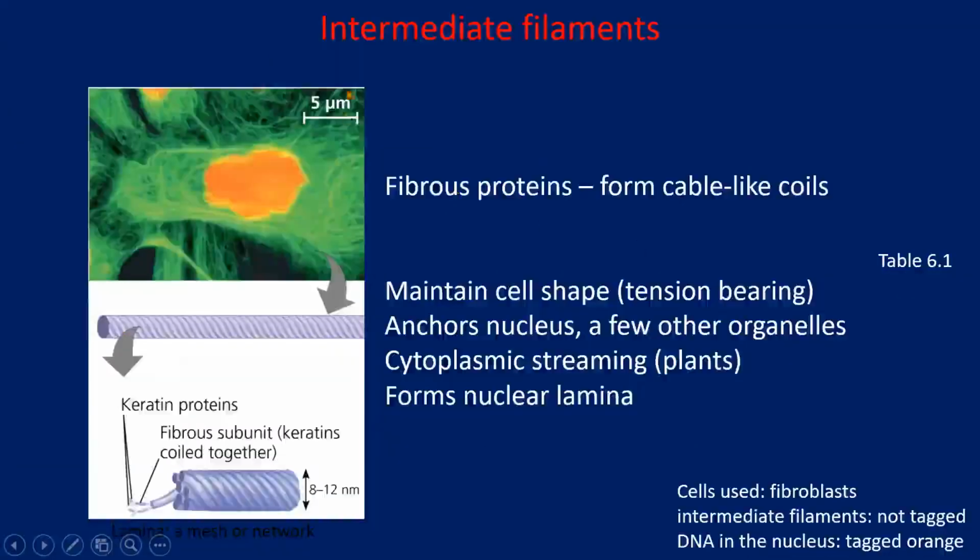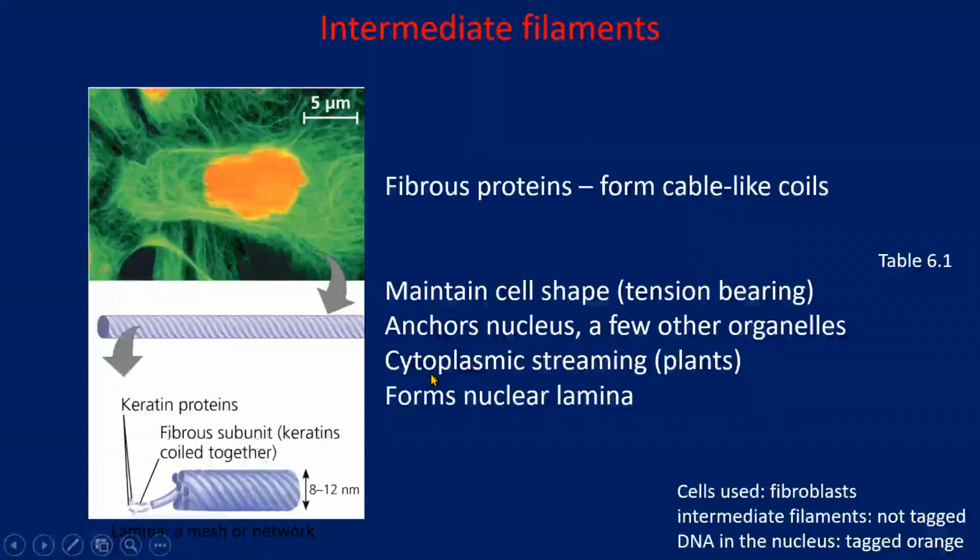So apart from that, one more type is intermediate filament. This intermediate filament is of a fibrous nature, and if you think about the keratin protein, it will have this kind of shape. You can see there are fibers, and those fibers are stuck together in helical form, or you can say it has a cable-like or spiral structure, and again it helps in maintaining the cell shape.